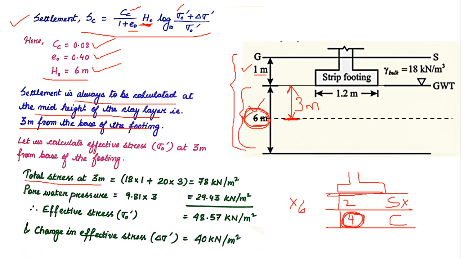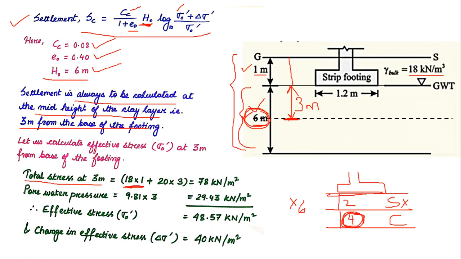If you observe the diagram, just above the groundwater table the bulk unit weight is 18 kilonewton per meter cube. So 18 multiplied by 1 will give you the total stress up to this height, right? That is what I have written: 18 multiplied by 1 is the total stress up to the bed of the footing.